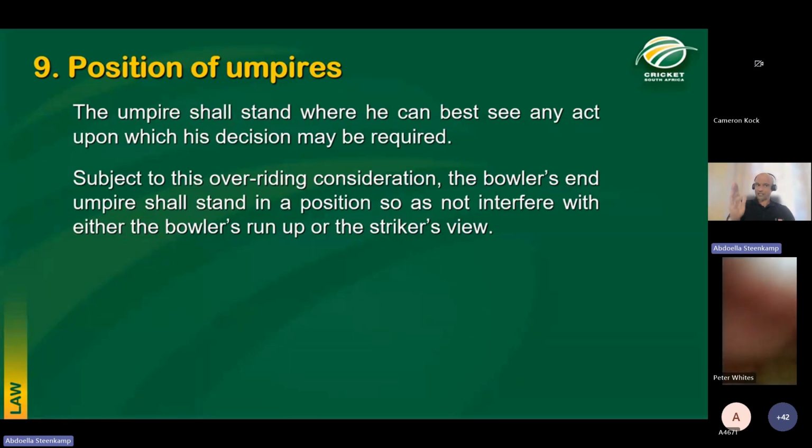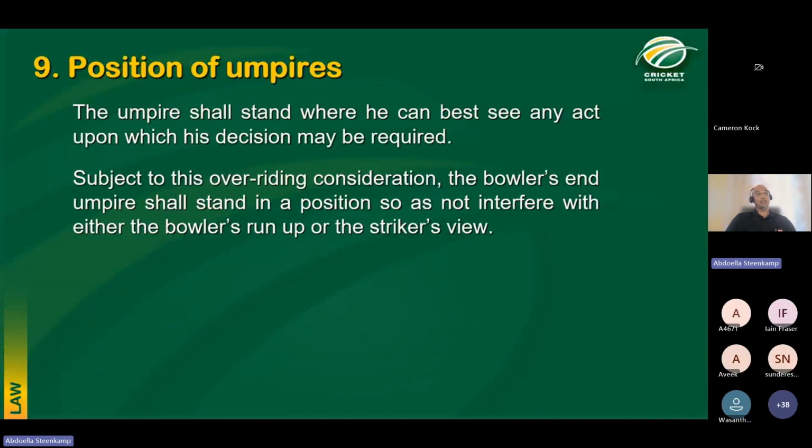So there's not an exact position that the umpire needs to stand, like a meter behind the stumps, or 2 meters behind the stumps, or 3 meters behind the stumps. All the law tells us is, stand in such a position as not to interfere with the bowler's run-up or striker's view.